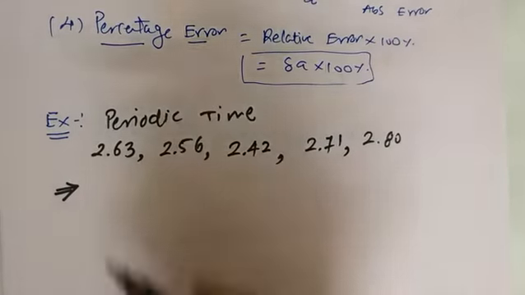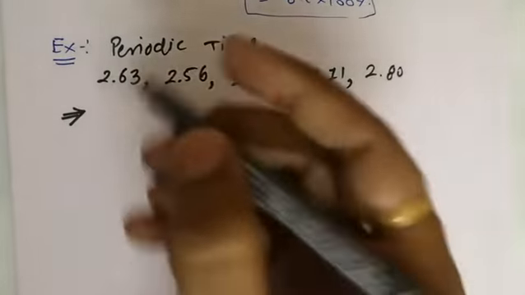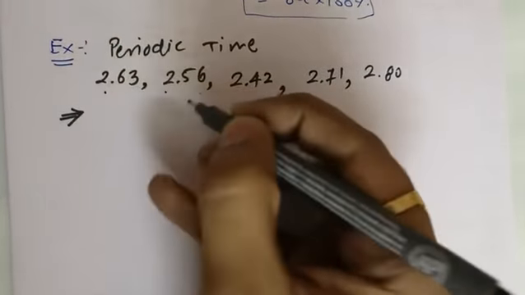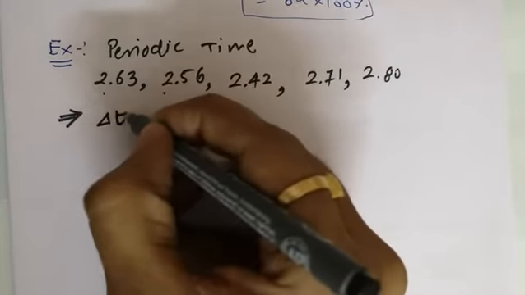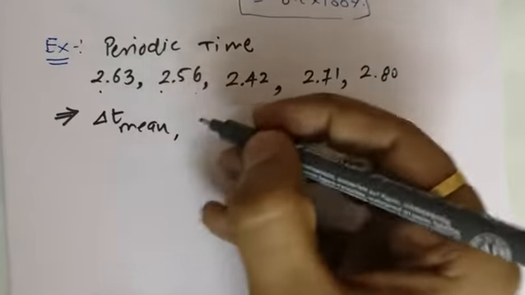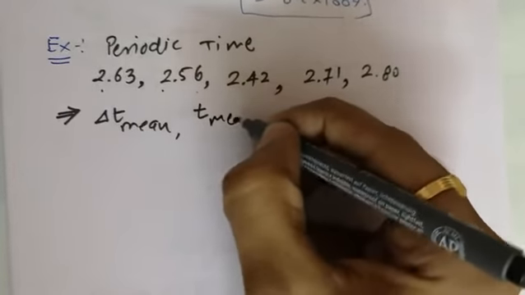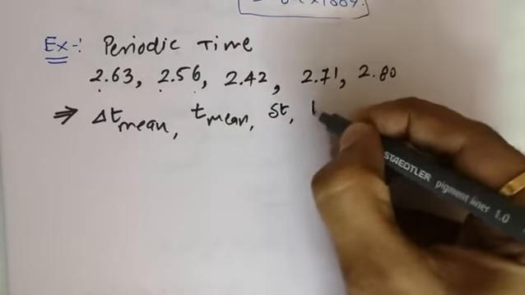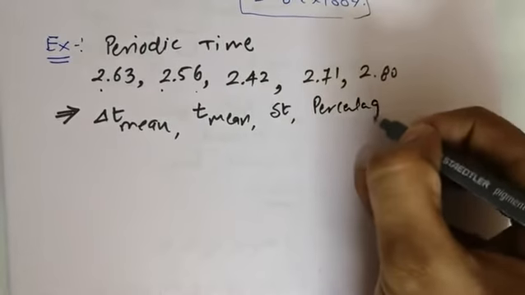So what I am doing is the calculation. First I am denoting all these as t. So I have to find delta t mean, then I have to find t mean, then delta t and its percentage.